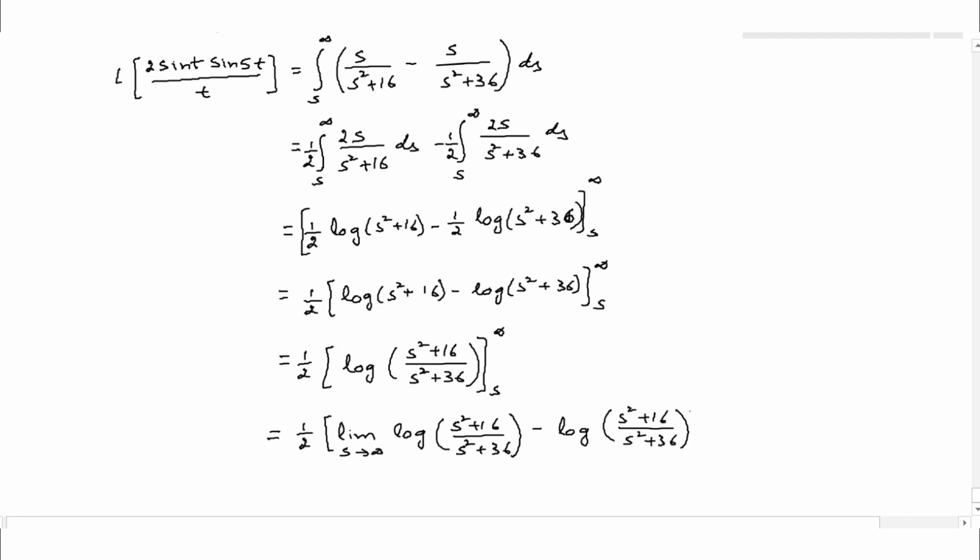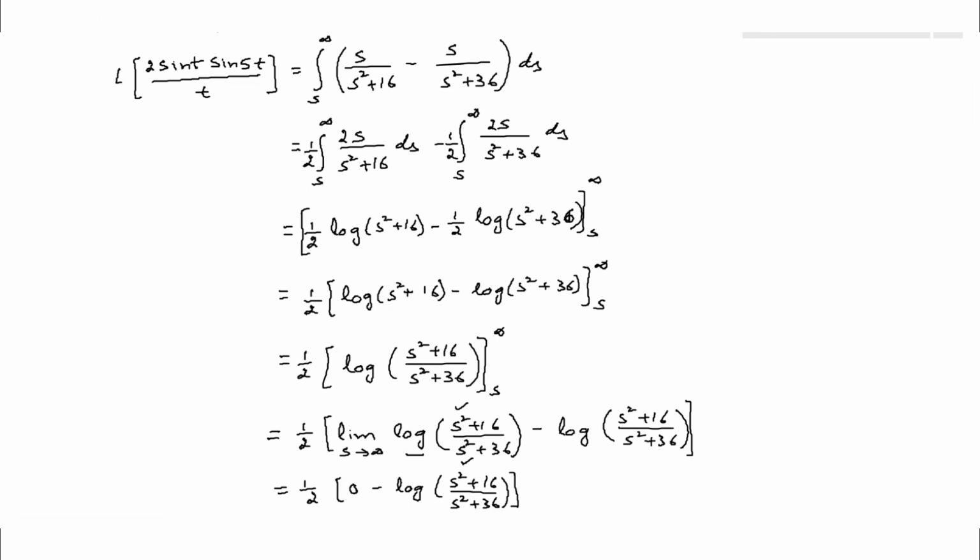As I told you earlier that whenever the powers of s both in the denominator as well as numerator are the same with log, then the value will reduce to 0. So the first term will become 0 minus you have log of s square plus 16 divided by s square plus 36. Or you can rewrite this as half times, because the negative sign is there. If I eliminate the negative sign inside log, it becomes reciprocal.